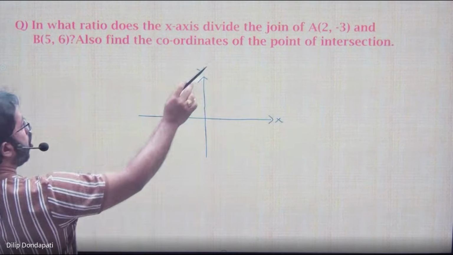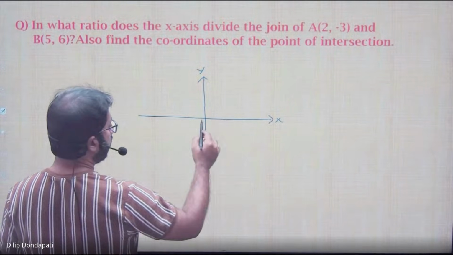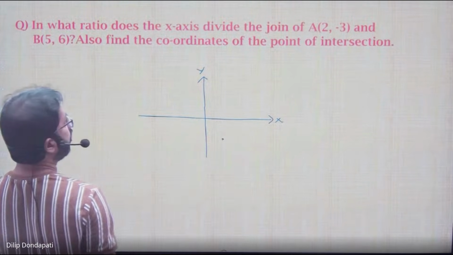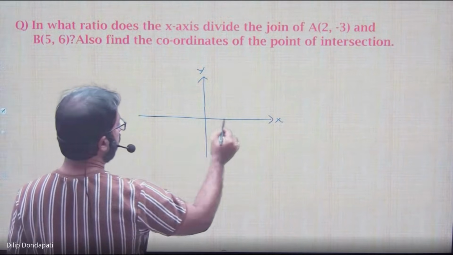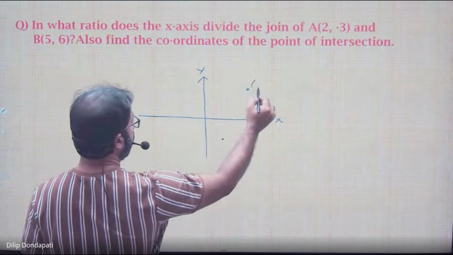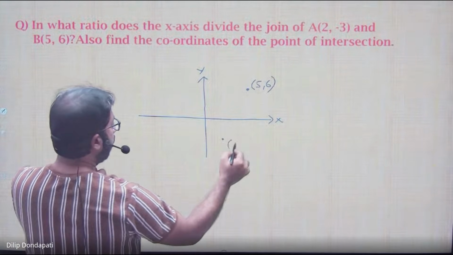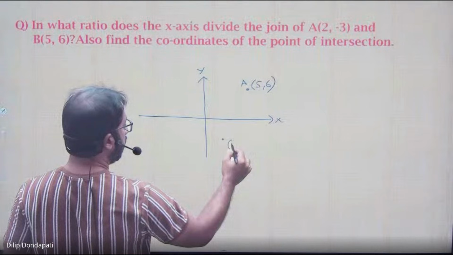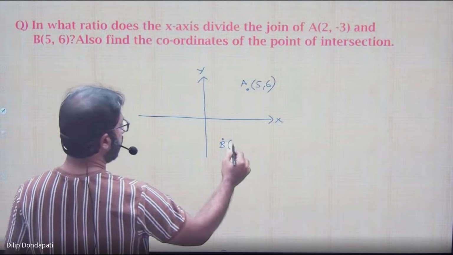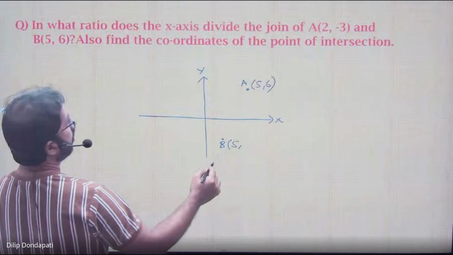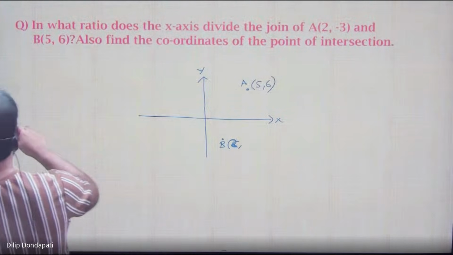So (2, -3) means where? (2, -3) means here, and the other is (5, 6), somewhere here, right? This is A, this is B.